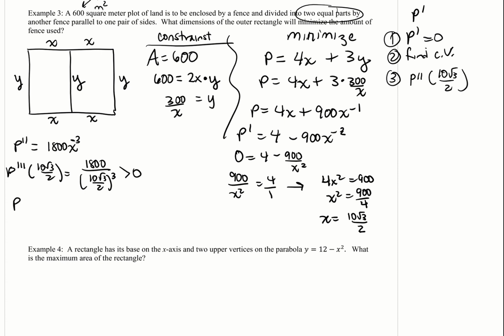What this tells me is that p is concave up, at least at the instance where x is this value, 10 root 3 over 2. I guess I can divide that: 5 root 3.